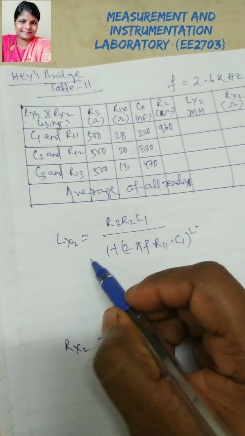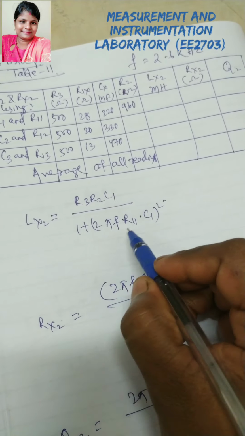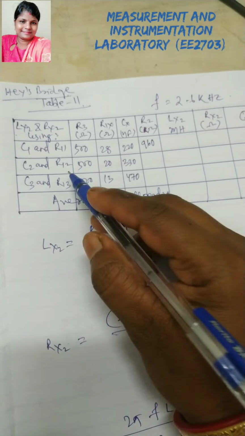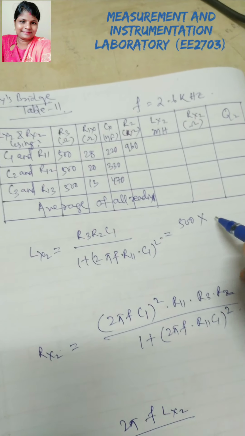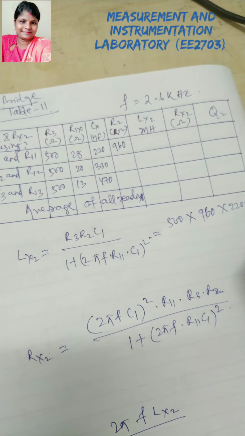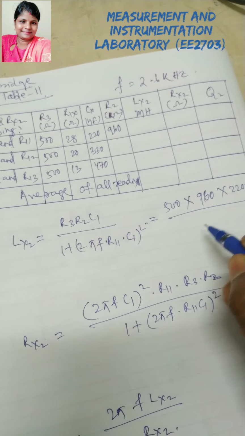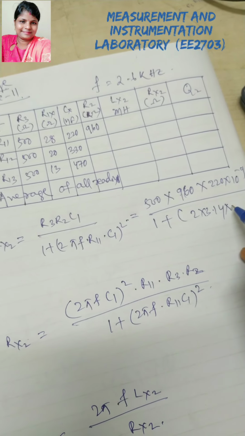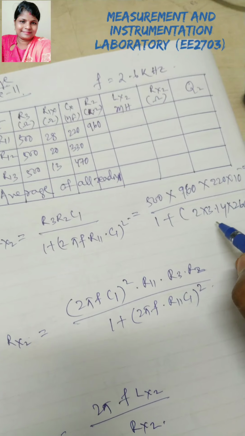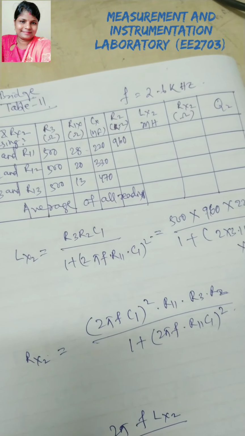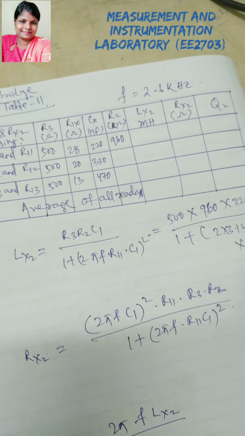Calculate the value of Lx2 = R3 R2 C1 by 1 plus (2πf R11 C1) square. So here R3 is 500, R2 is 960, C1 is 220 into 10 to the minus 9, nanofarad, 1 plus (2 into 3.14 into f 2600 into R11 is 28 and C1 is 220 into 10 to the minus 9) square.